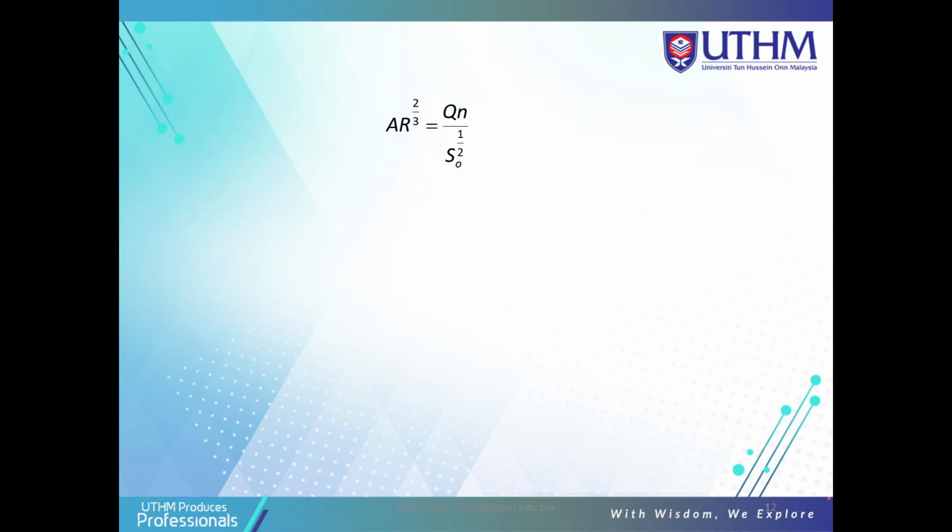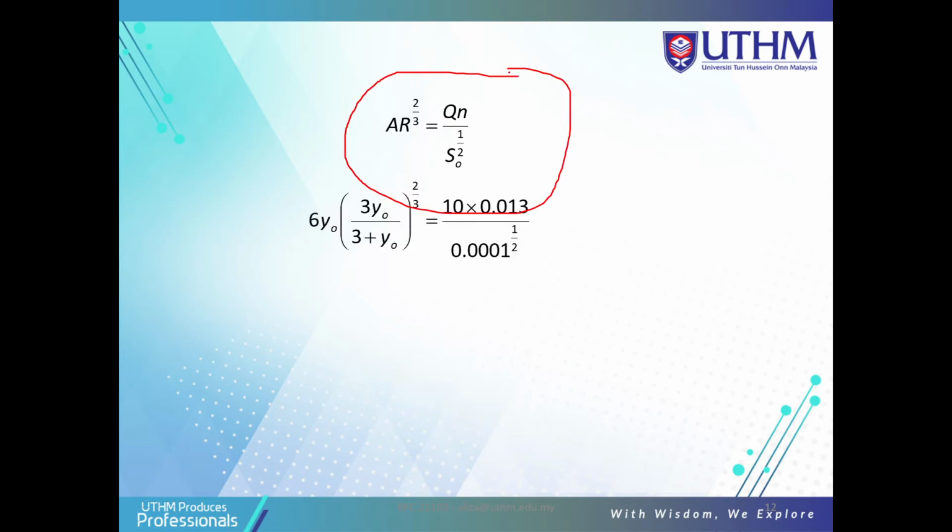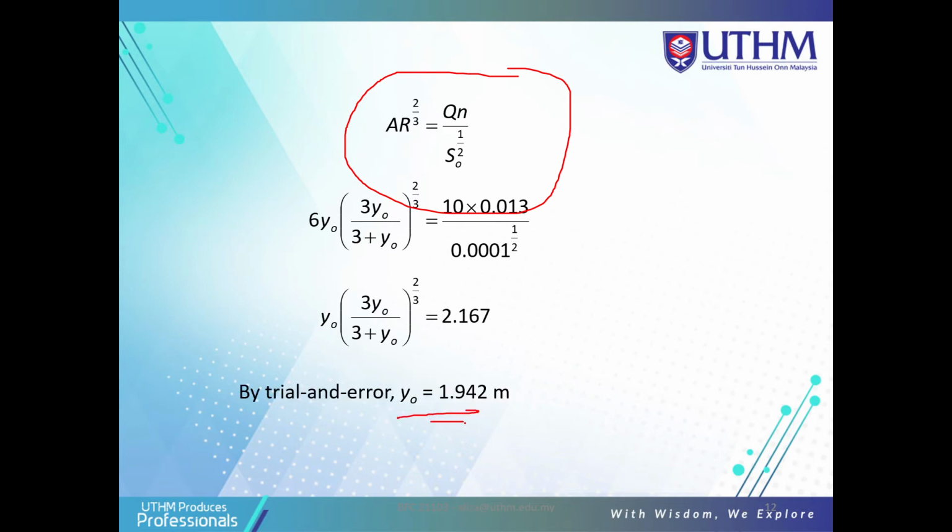So you use this equation, put all the values into this one until you get the value of 2.167. You use trial and error, and you also put the table here.